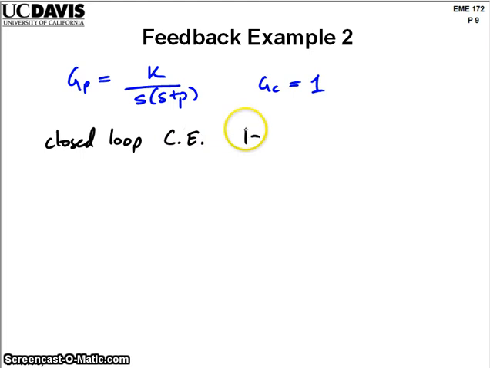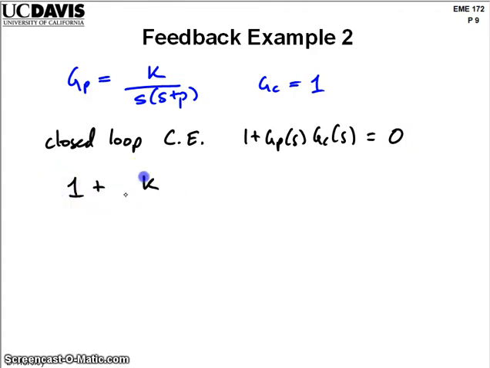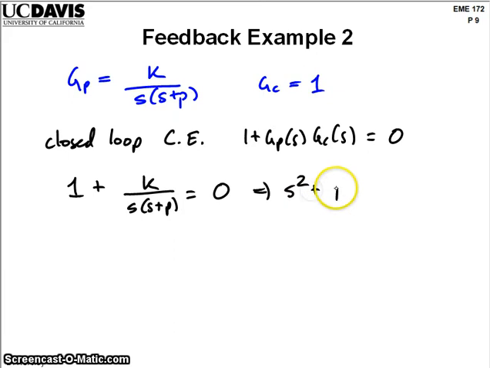Well, that's 1 plus GP GC, and I set that equal to 0. This is how I find the closed loop poles. So I write 1 plus K over S times S plus P is equal to 0. And so I'm going to multiply by the denominator, and I get S squared plus PS plus K is equal to 0. So now the roots of this equation are the closed loop poles.